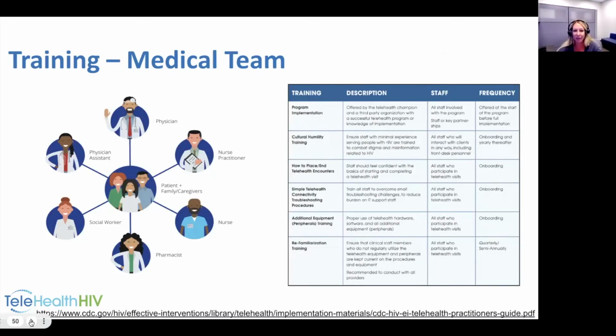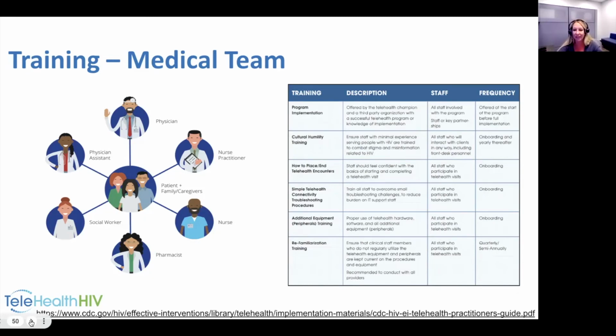And so I want to finish with the training aspect of it. So how are you going to get your patients, and what do you need to make sure that they're going to have a good experience with all of that? Within the medical team, it's going to be interdisciplinary. Every single person needs to learn how to use the equipment because everybody may get a different aspect of it, but they still need to know how to troubleshoot and navigate it.